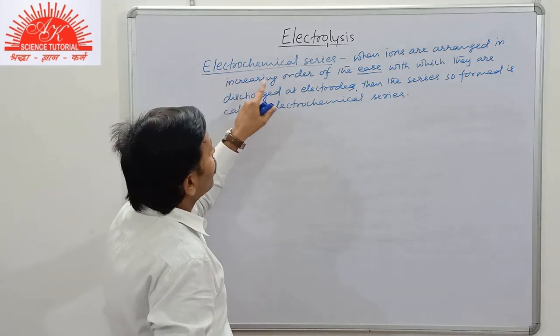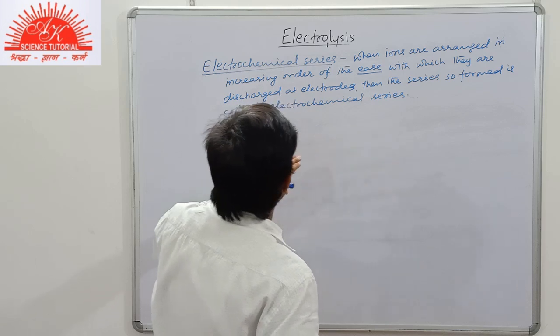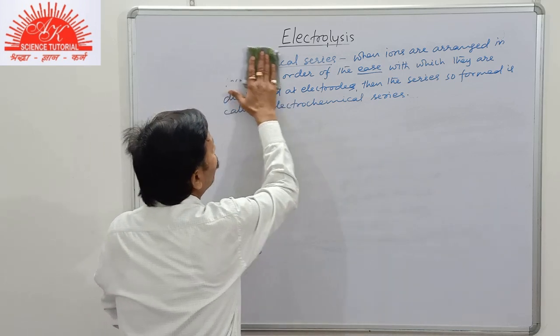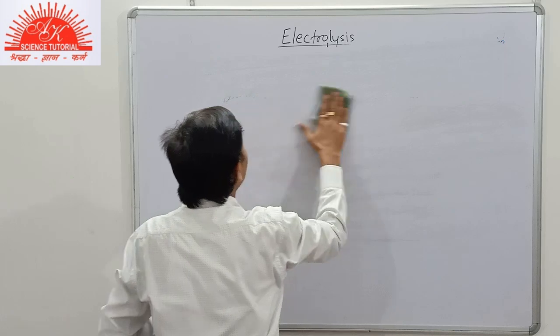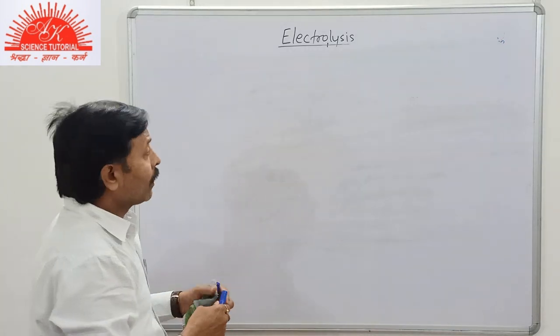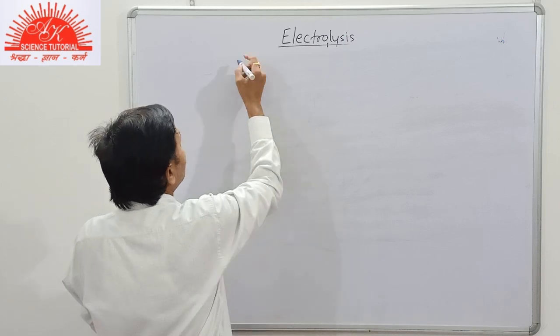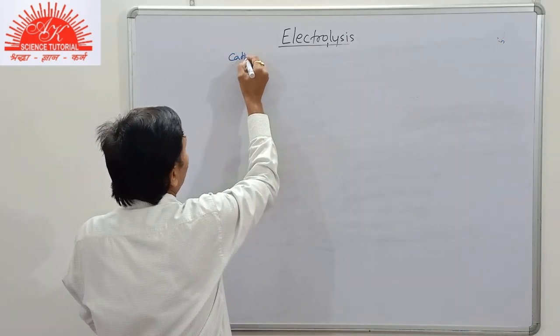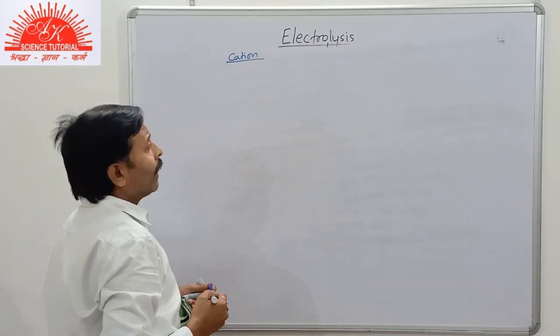Now the electrochemical series will be for cations and anions, that is, for both types of ions. First of all, write the series for the cations.